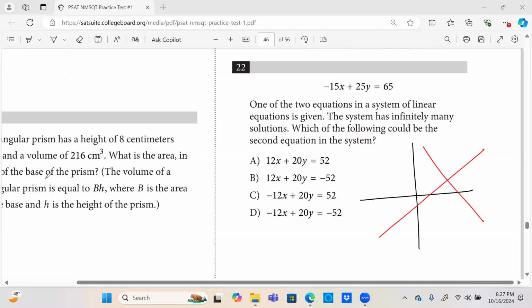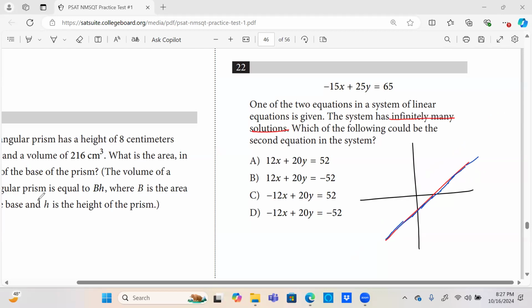We also have the situation where you have parallel lines and they don't hit, and that would be no solution. And then one more case is what they're asking here, that they have infinitely many solutions. So you graph one line and then you graph the other and it hits right on top. So it's actually the same line. So that's what we're looking for.